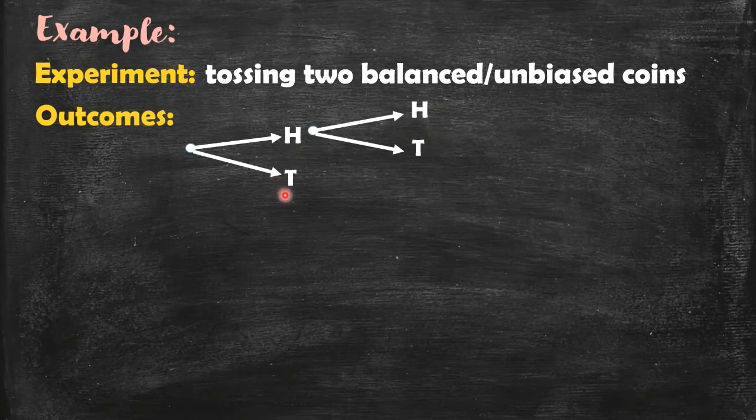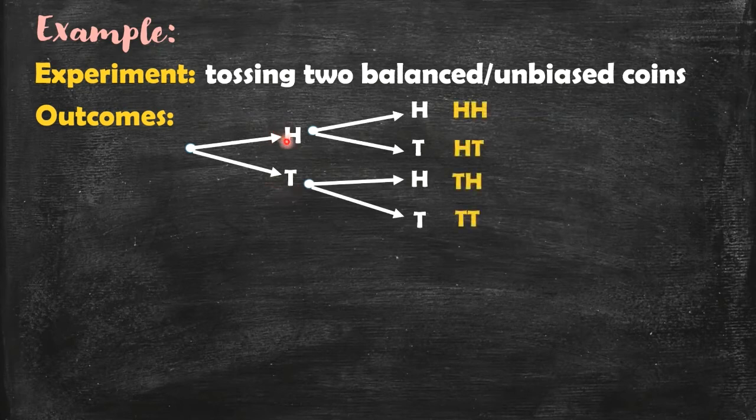Pwede rin yung first coin, it's a tail. And then, i-prepare nyo yun sa second coin, which can either be a head or a tail also. So, ito yung mga possible outcomes. Head, head, okay? Head, tail, ito yun. Tail, head, ito yun. And then, tail, tail, ito yun.